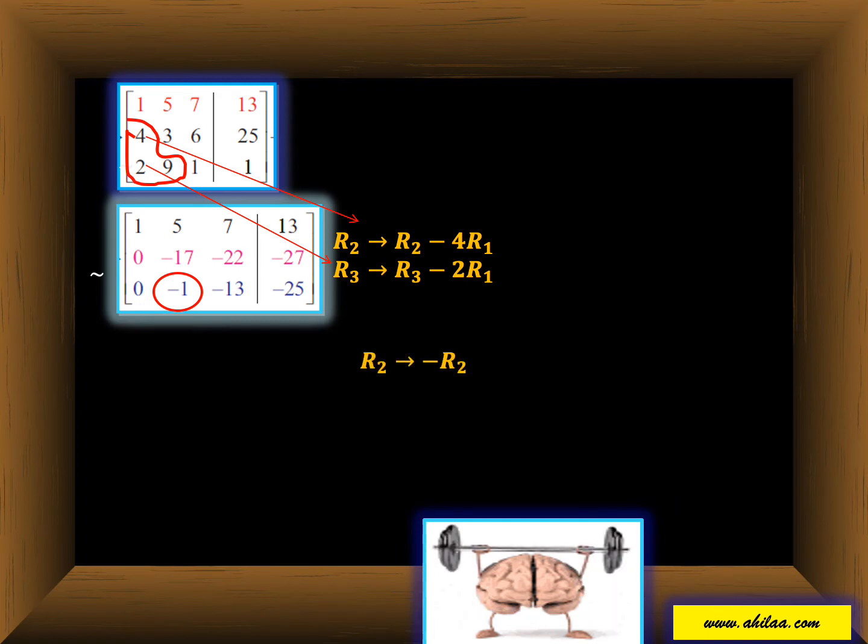For that I make the operation R2 goes to minus R2 to make my values simple. I change the signs of all the R2 values, and to make this minus 1 as 0, the operation is R3 tends to 17 R3 minus R2.